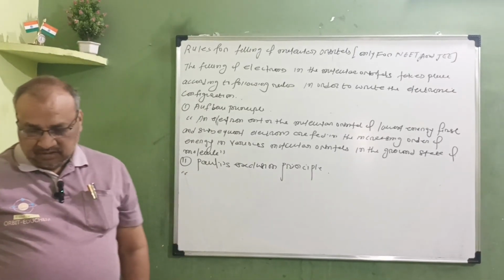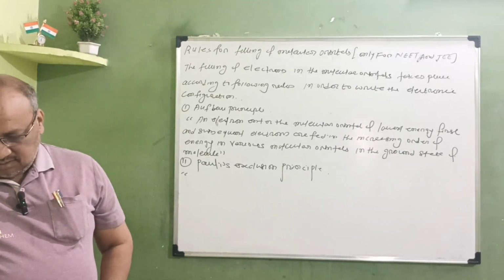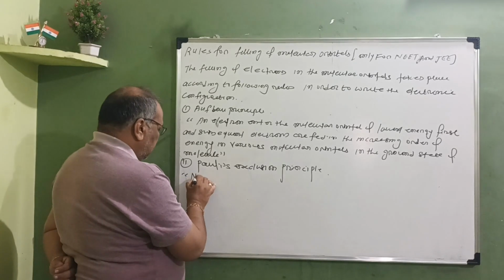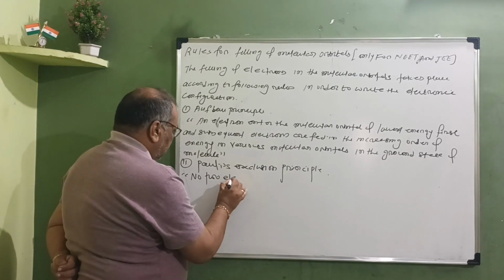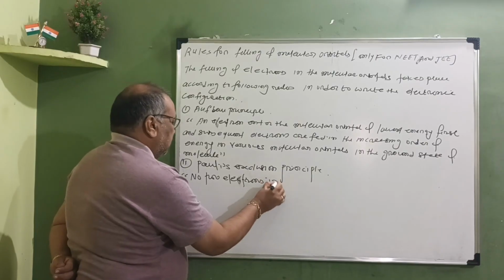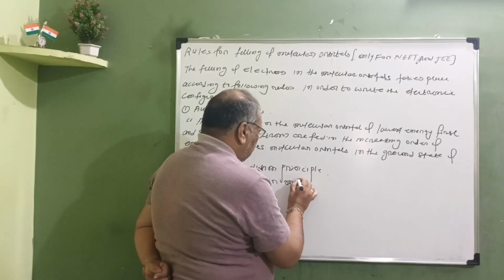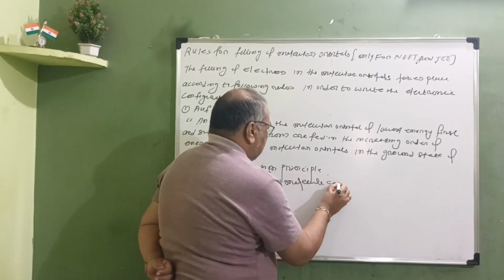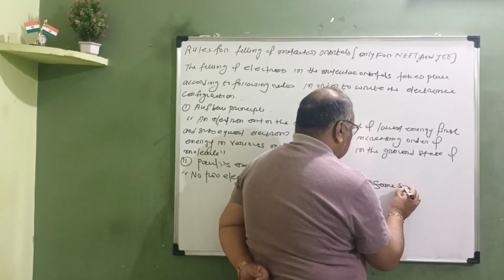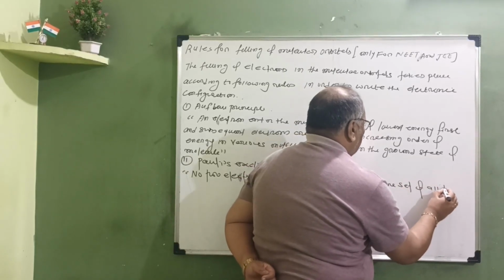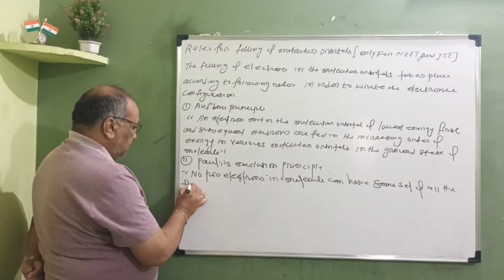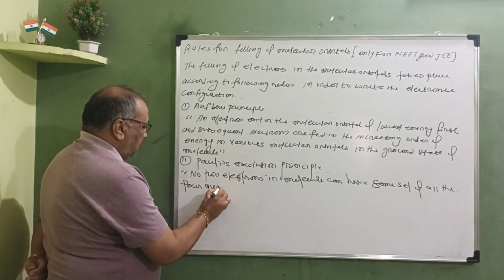Here, no two electrons in a molecule can have the same set of all the four quantum numbers.